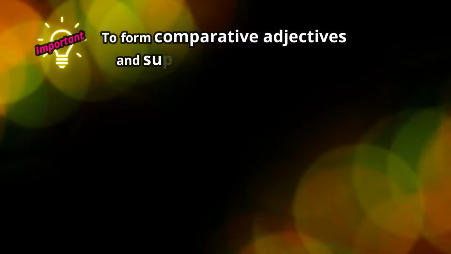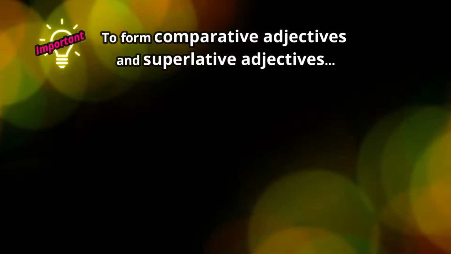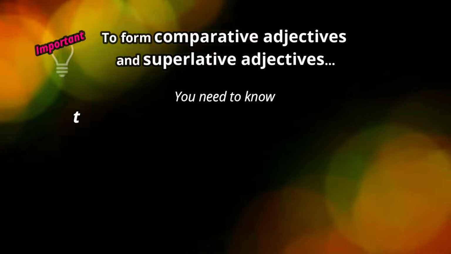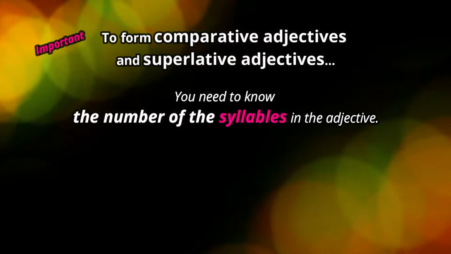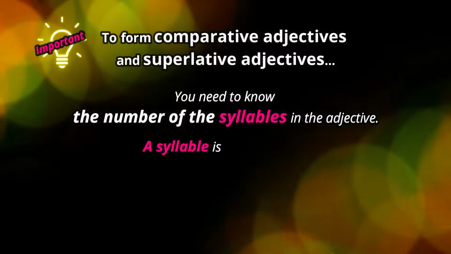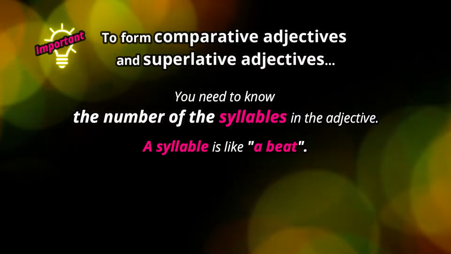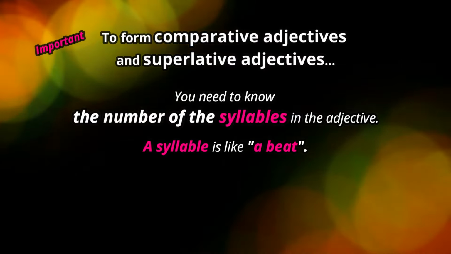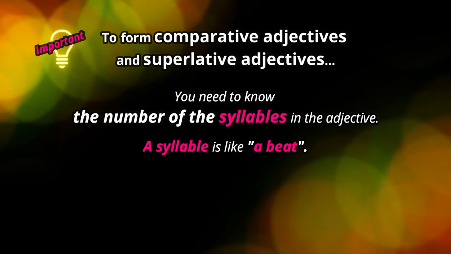Now, what's very important about forming comparative adjectives and superlative adjectives is that you need to know the number of syllables in the adjective. Now, a syllable is like a beat. It's like a sound beat. You can even clap your hands when you're saying the word.